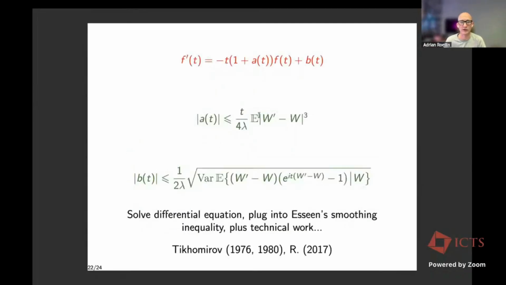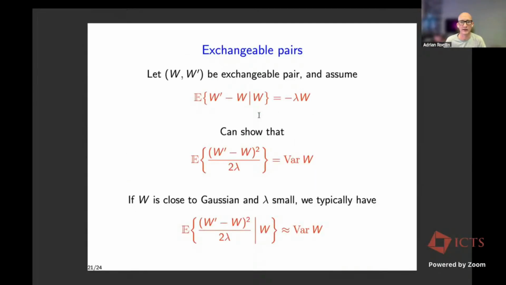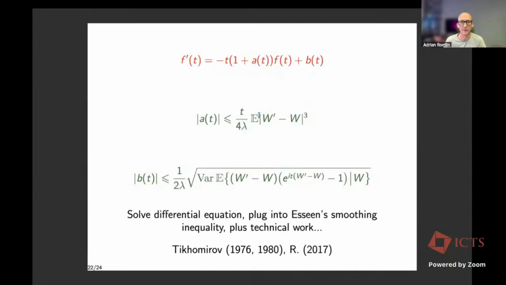Let me quickly go back to show you the beauty of that. Once you give me an exchangeable pair that satisfies this linearity condition, all you need to do is calculate these quantities. So that's a moment bounding exercise.